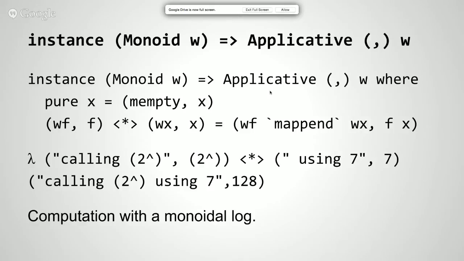So in our example, I'm calling this 2 to the function, comma, the function 2 to the snowflake using 7 with 7, and of course string is a monoid because it's a list. So you get calling 2 to the using 7 and the value 128. So it's computation with a monoid log.